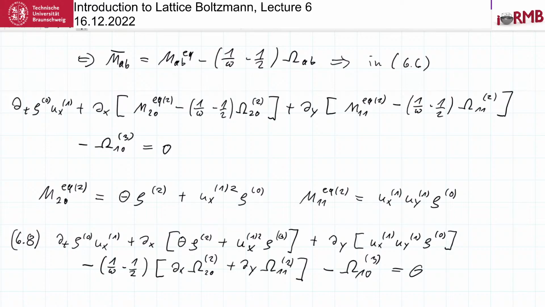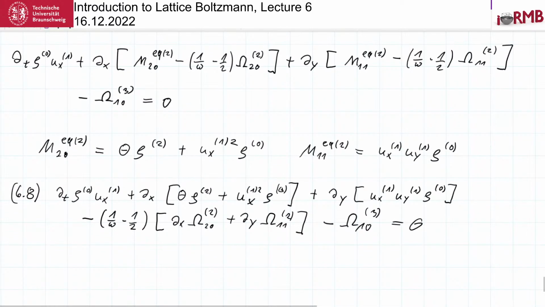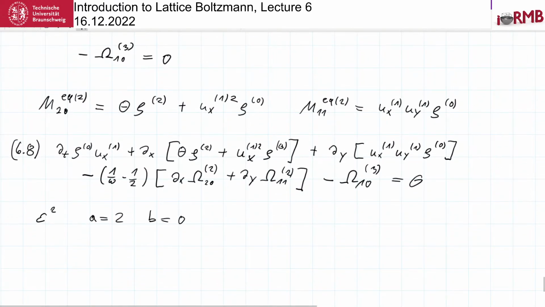So, what is then still missing are these guys here. This is something which we don't know, and for this we use again our master equation, by taking epsilon to the second order, because we're looking at second order. We're looking at the moment 2, 0, so we're looking at a equal to 2 and b equal to 0, and then we look up what the master equation tells us.